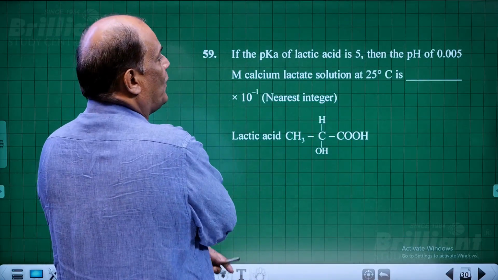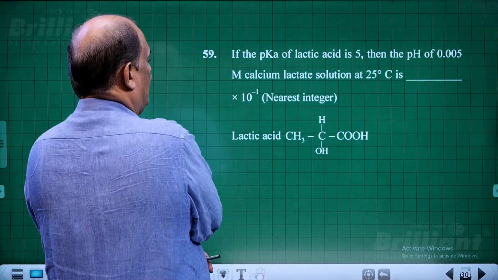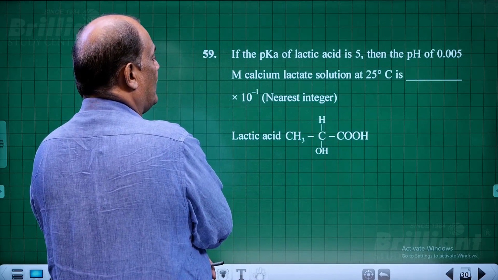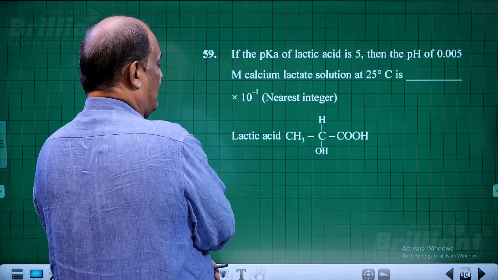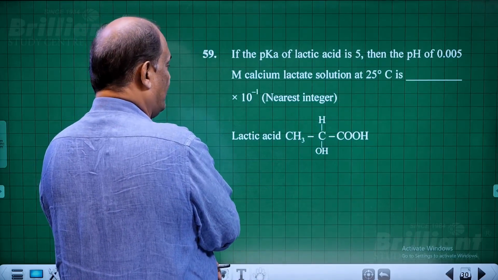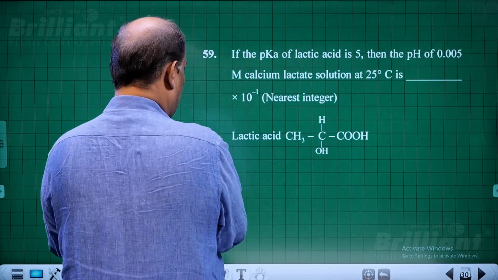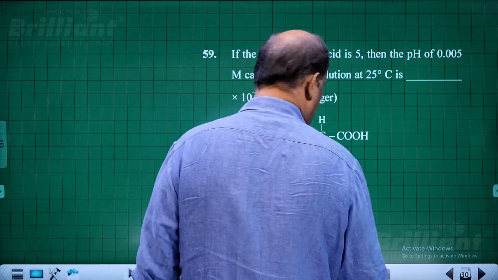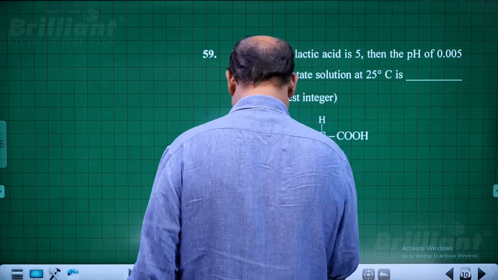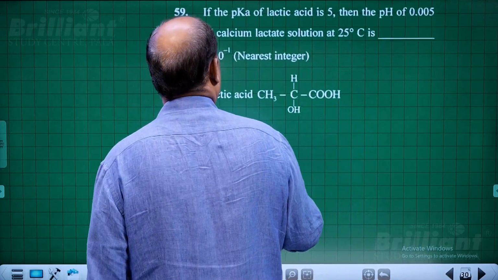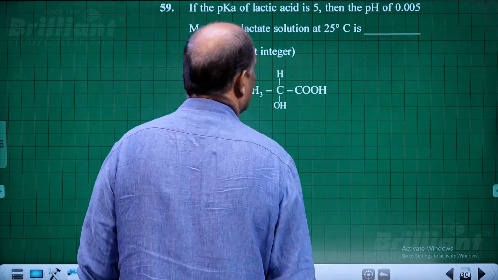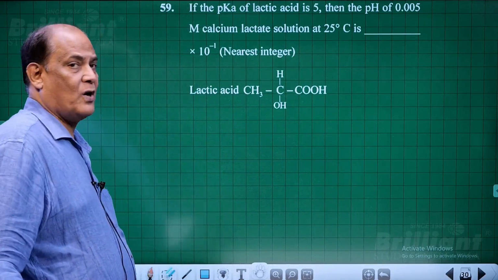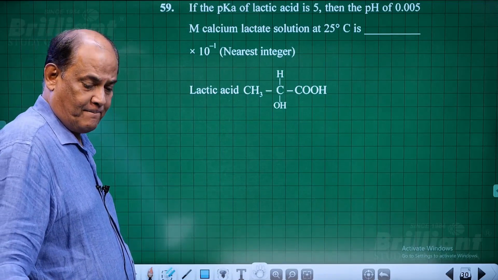Then pH is equal to... 0.005 M calcium lactate solution at 25 degrees centigrade is dash into 10 to the power of minus 1. So how can we calculate this? Lactic acid is a weak acid, versus calcium lactate, calcium hydroxide, a strong base, right?